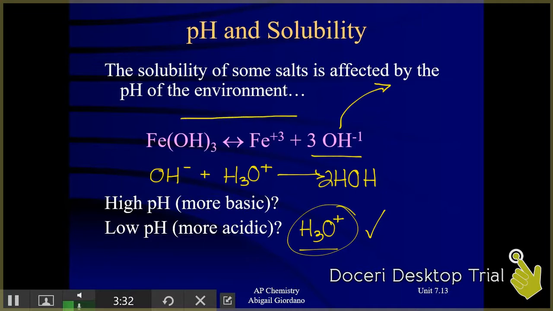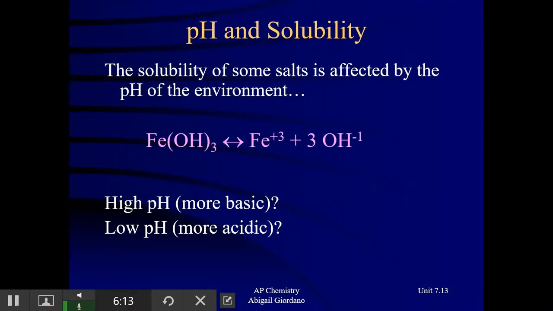Well, that's going to cause a shift in the forward direction this time to consume some of that solid salt and create more of the dissolved ion products. So what does that mean in terms of the solubility? It means, for this particular example, this salt, iron(III) hydroxide, will have an increased solubility if you try to dissolve it in an acidic environment. All right, so that's the way to think about this.